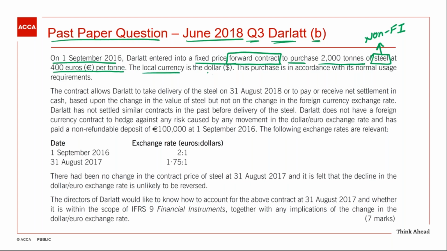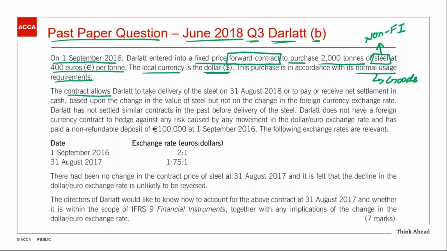The local currency is the dollar, and the purchase is in accordance with its normal usage requirement. So if it's my normal usage of consuming 2,000 tons of steel, this means that I would be settling the contract in the goods, because my objective is not to earn money. My objective is to use it in my business operations because this is my normal usage requirement.